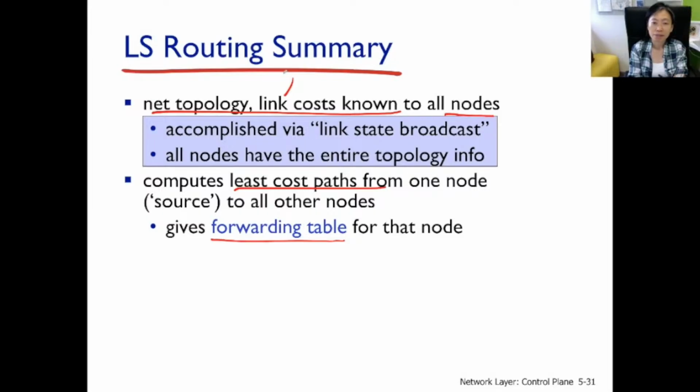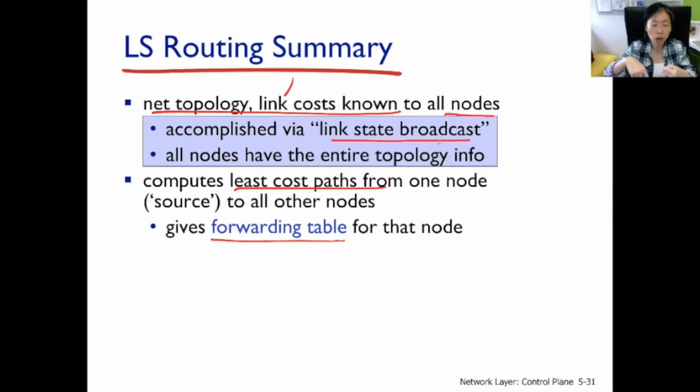That is done through this link state broadcast. Each node in the network is going to generate a link state report based on very local information. That includes the ID of the node itself, the ID of the immediate neighbors, and the cost on the link to these immediate neighbors.